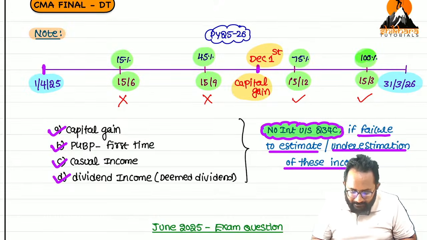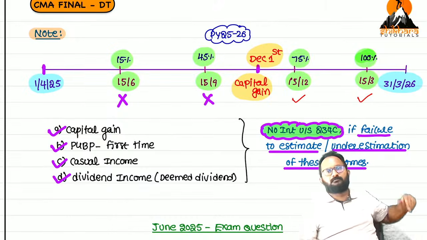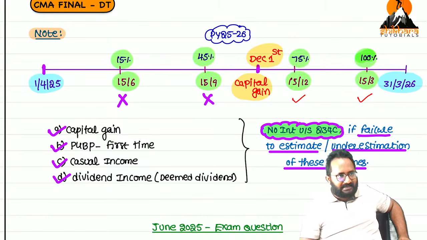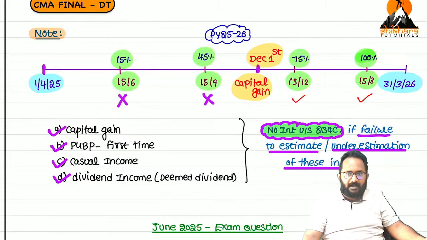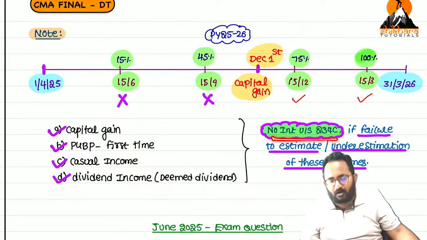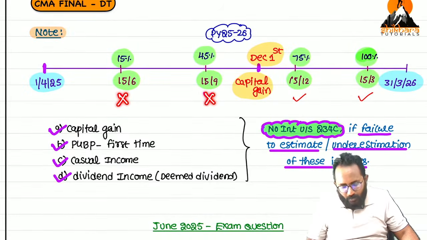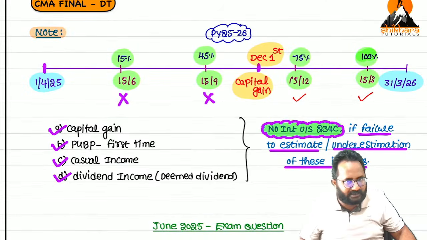So I am not paying any advance tax related to capital gain in the first two installments. No problem. Why? They clearly say that if you fail to estimate or underestimate, 234C will not apply. So in these two installments, no need to pay interest under section 234C.